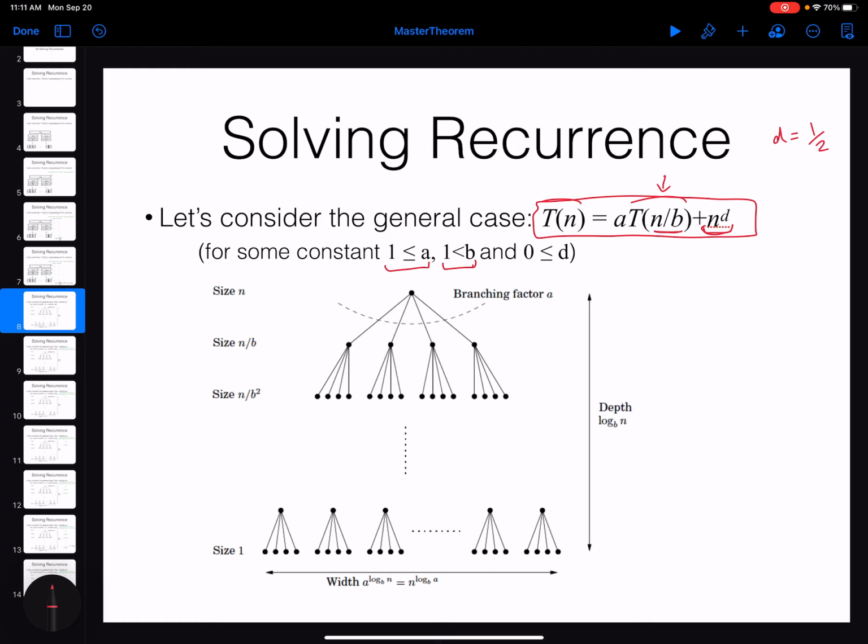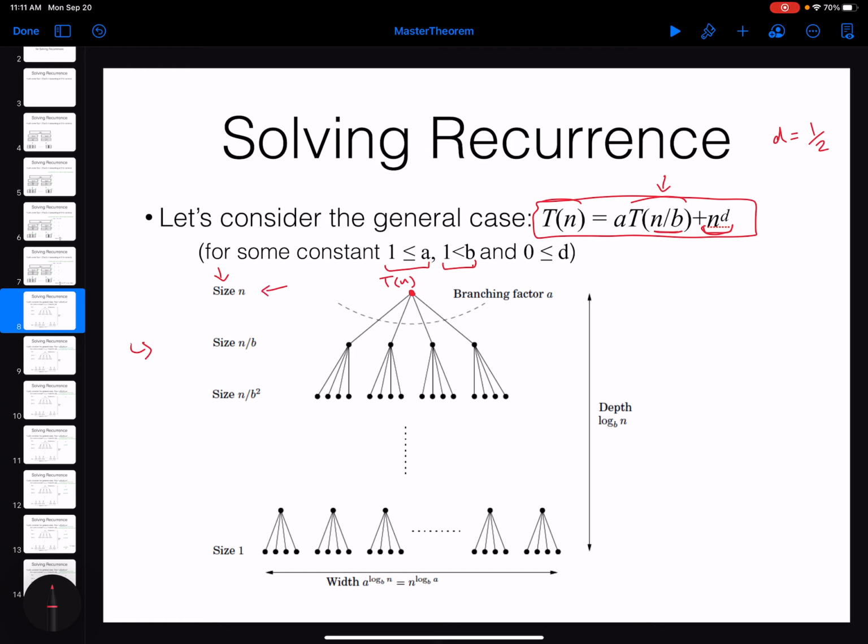Okay, if I have a recurrence relation like this, in the figure that I'm showing to you here, each of these dots is going to be a node in my tree. The top one corresponds to T of n. For each of the levels, this column here shows the size of the problem. At the top, the size of the problem is n.